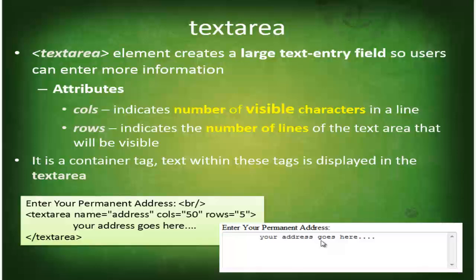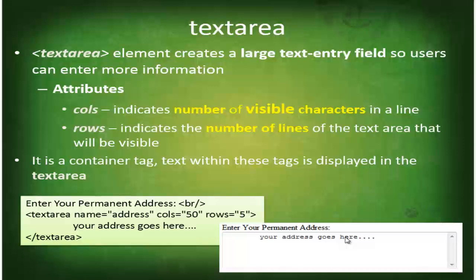So in this case, "your address goes here" is typed, and that's going to come in the middle. Remember, it is not a placeholder or a watermark text. So if you click on this one, it will not disappear. The user has to manually delete it.